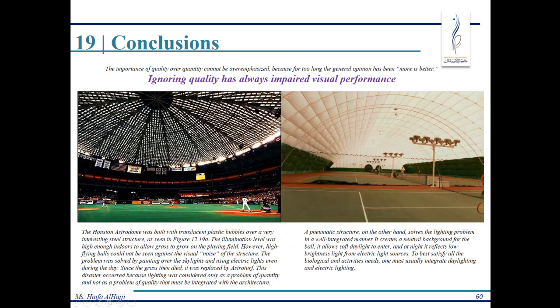Now, as a conclusion, we should design for quality lighting, not quantity lighting. As we can see, in these two examples we have two different structures. This structure for the play area has a diffused light which doesn't cause any glare when they look upwards, and at the same time is introducing high levels of illumination from daylight.